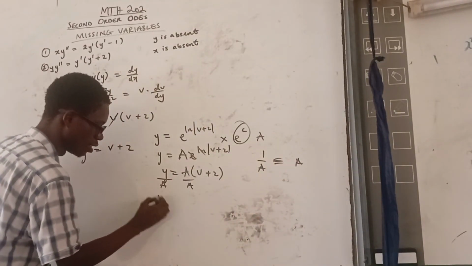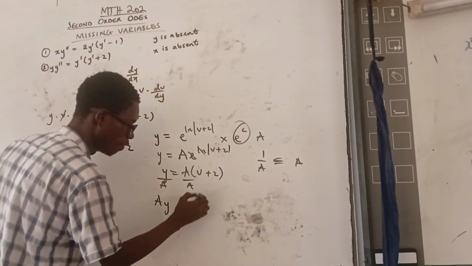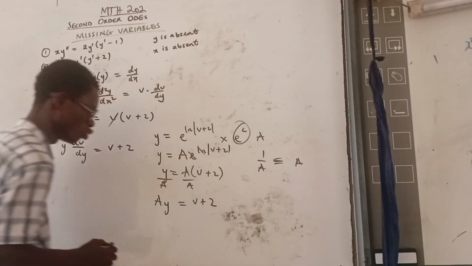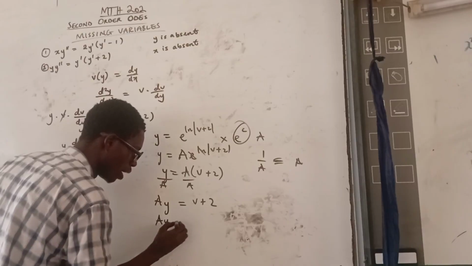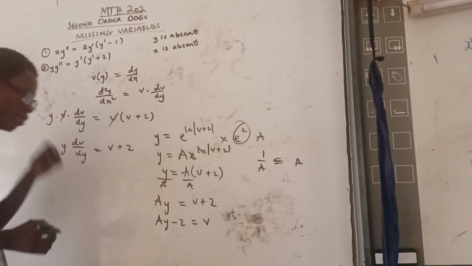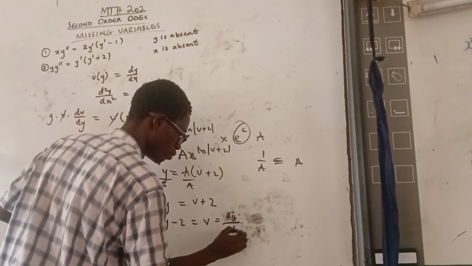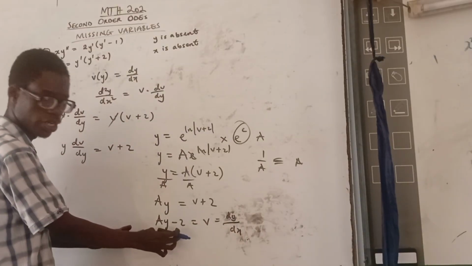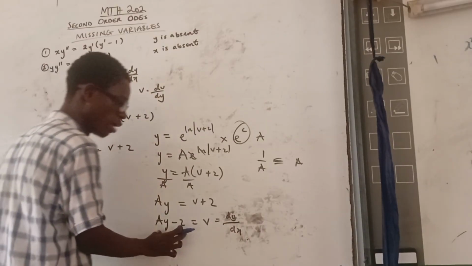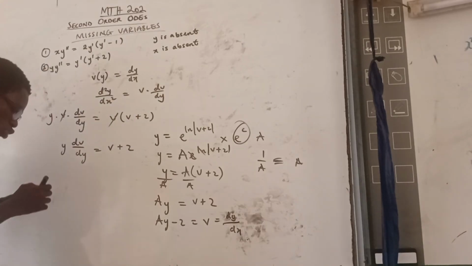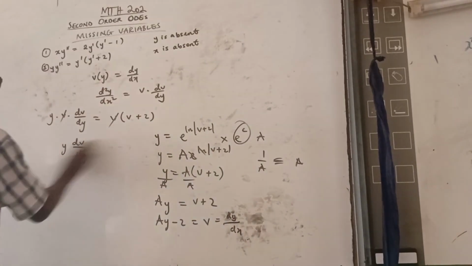So I can write ay equals v plus 2. Bring the 2 to the other side: ay minus 2 equals v. So v is the same thing as dy/dx. V is a function of y, which is correct for this. V equals ay minus 2. So if dy/dx equals ay minus 2, let me use this side.